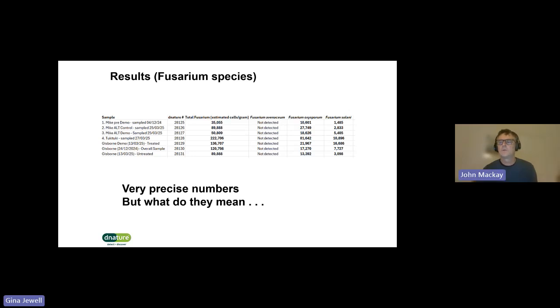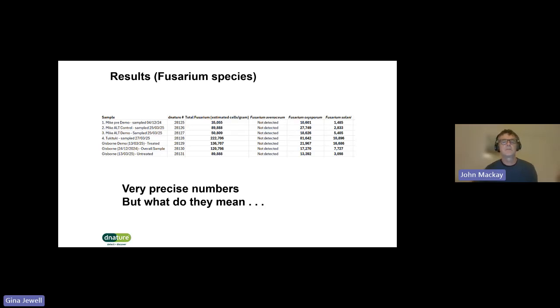So here's some work here, and this is some numbers generated, and Dereck will talk more about some of the work around squash later. But you can see here that we've got some columns there of some different Fusarium species, and this ties in really well to what Mark was talking about a little earlier.